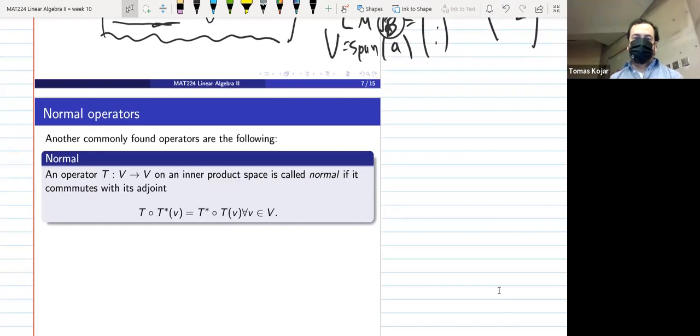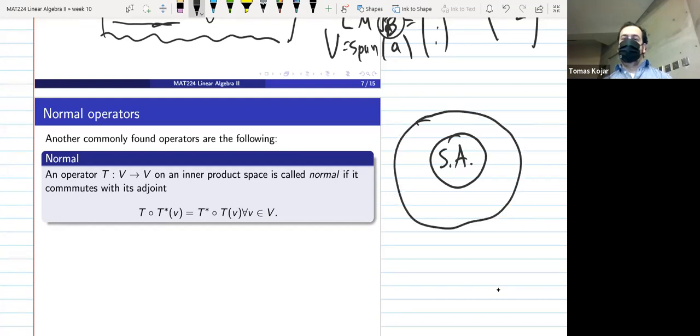Today we can prove the spectral theorem for normal operators. We proved it for self-adjoint. So make sure you know what self-adjoint means because it shows up. But there are more normal operators than there are self-adjoint.